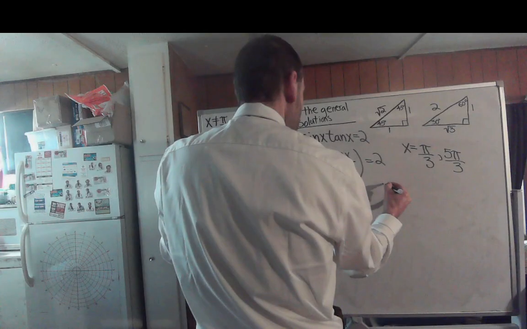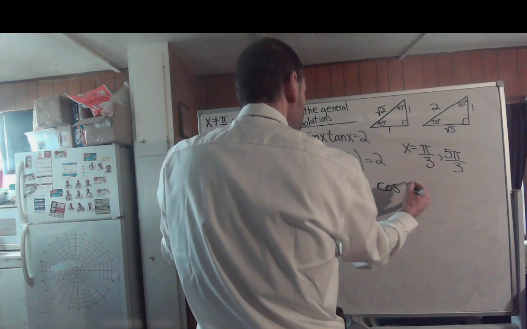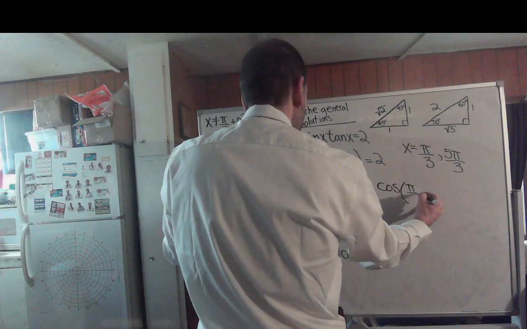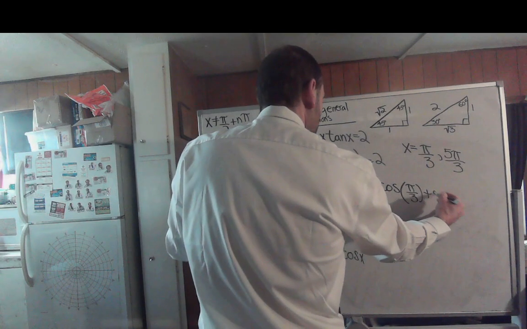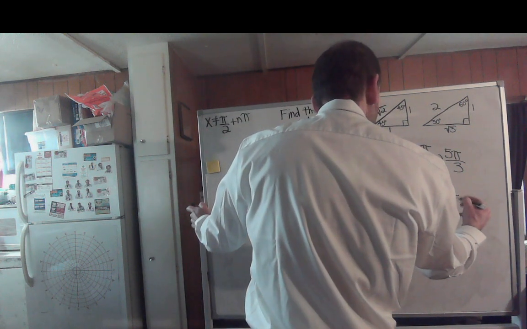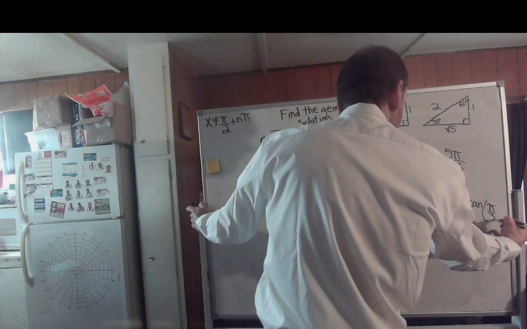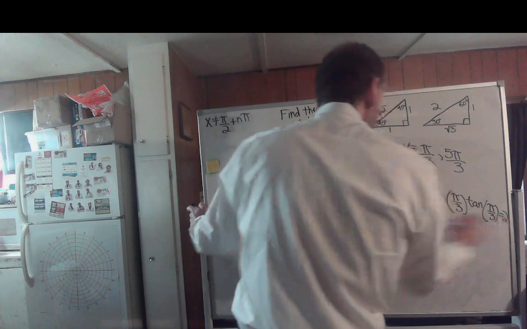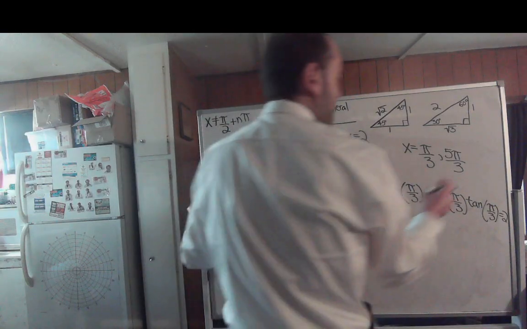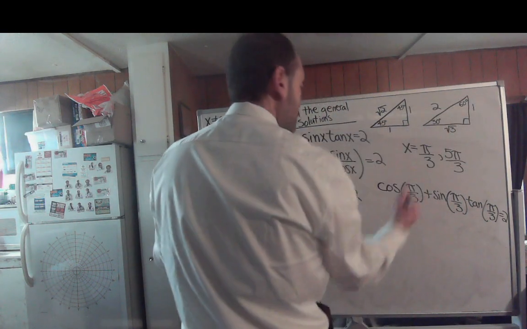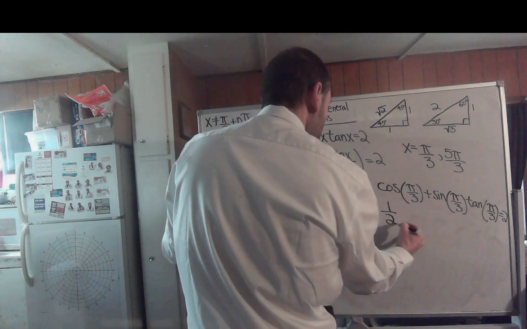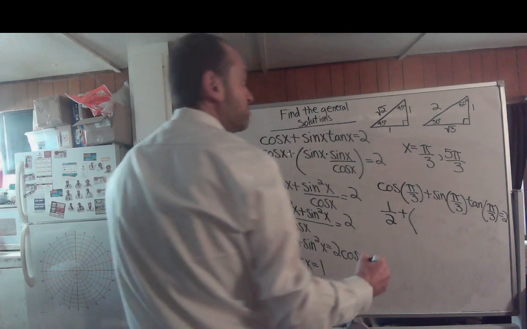So this would be saying the cosine of pi over 3 plus the sine of pi over 3 times the tangent of pi over 3 equals 2. Let's see if that's true. What is the cosine of pi over 3? Well, that's going to be 1/2 plus, what's that sine of pi over 3?